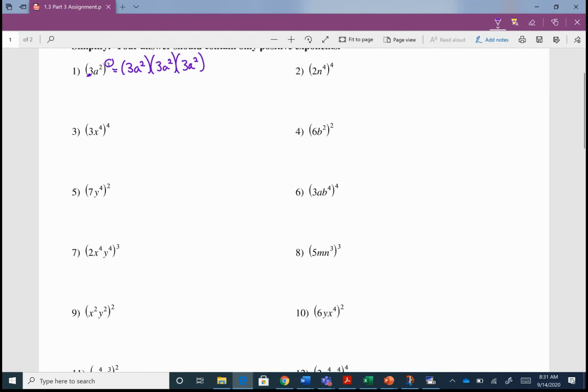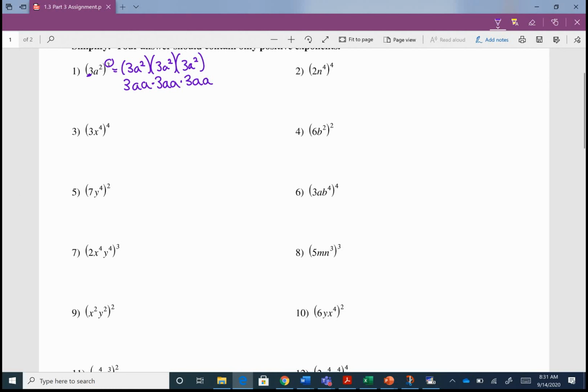Now, if I use the inside exponents, I'm going to have a 3a times a, and a 3a times a, and a 3a times a. So I'm using our expanding so we can see what we do with that 3. When we did our activity, we did something like a squared to the 3rd power. But now we have to figure out what to do with that 3.